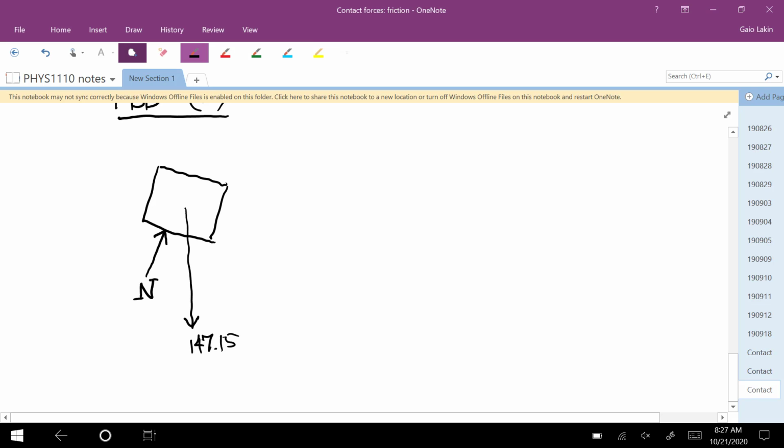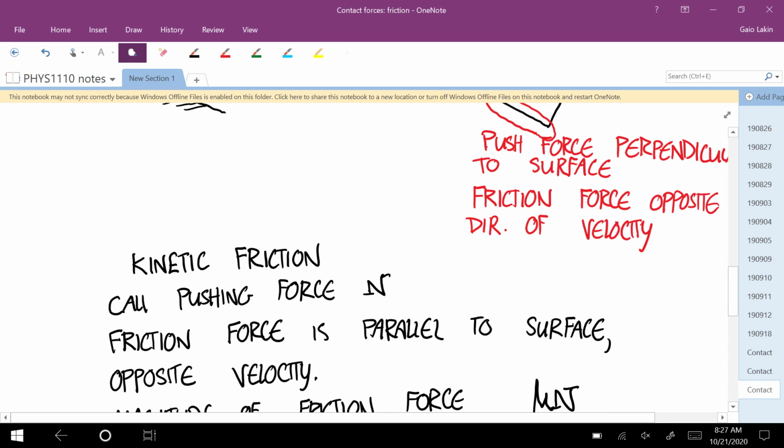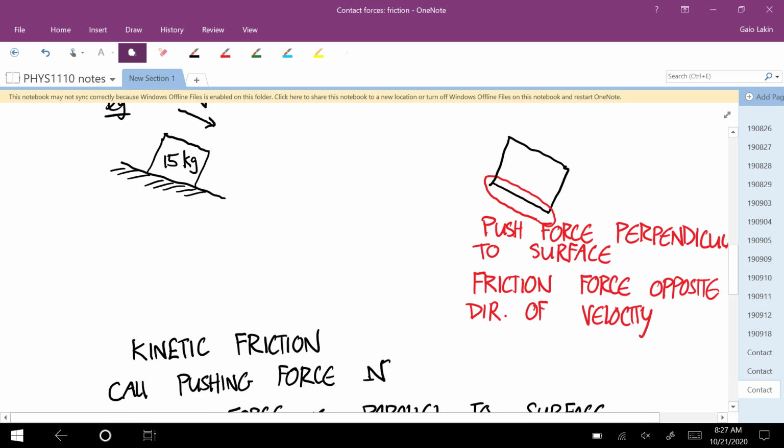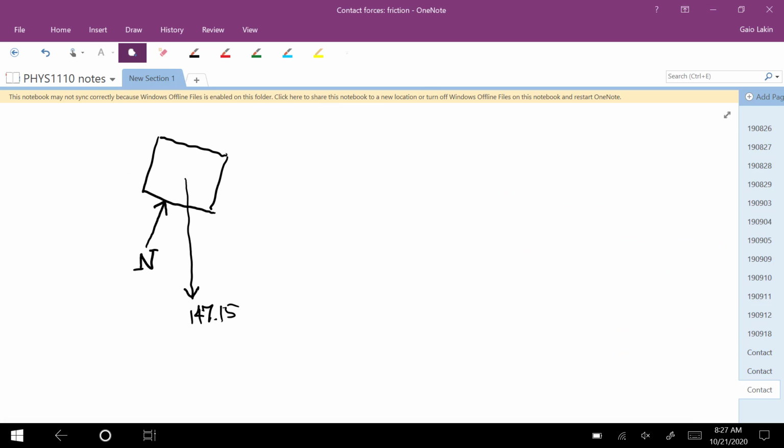And now, for the first time, we have to know the velocity in order to know the direction of this force. In this problem, it said that the velocity of the box in this case is down the ramp. And so the friction force is going to be parallel to the surface up the ramp.